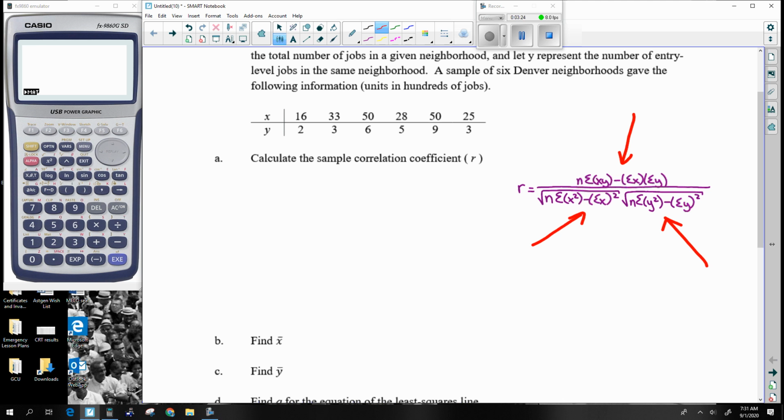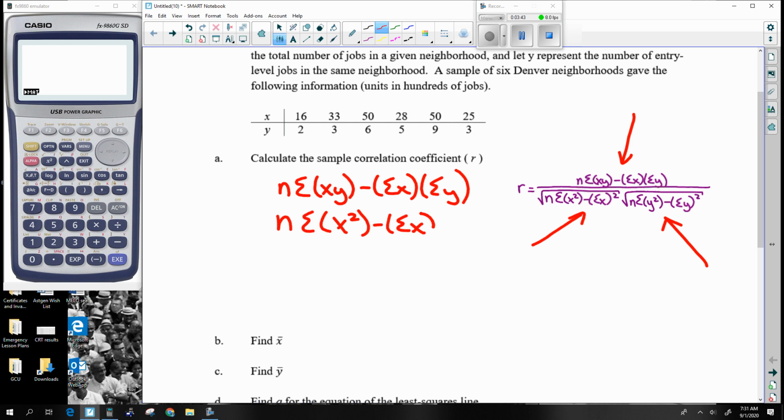And I call these the mini formulas. So this is going to be n sum xy minus sum x sum y, n sum x squared minus sum x, squared, and n sum y squared minus sum y, squared. All right, so those are the three mini formulas, and that will make this ultimate formula a lot easier.